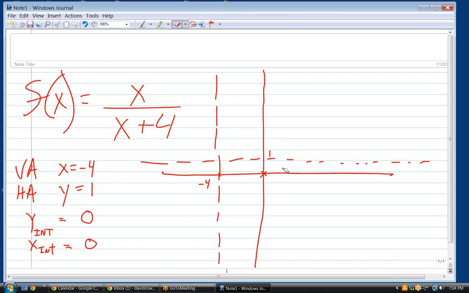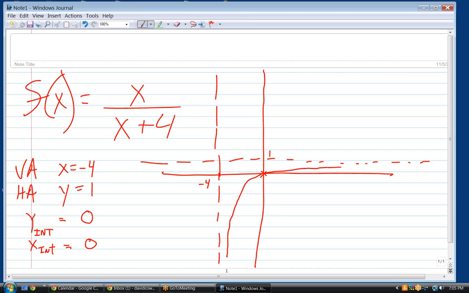If x was 2, then y would be down here. In other words, if I plug in 2 for x, y is 2 over 6, which is 1/3. So we must be in this quadrant down here, so we must have a hyperbolic function that looks like that.